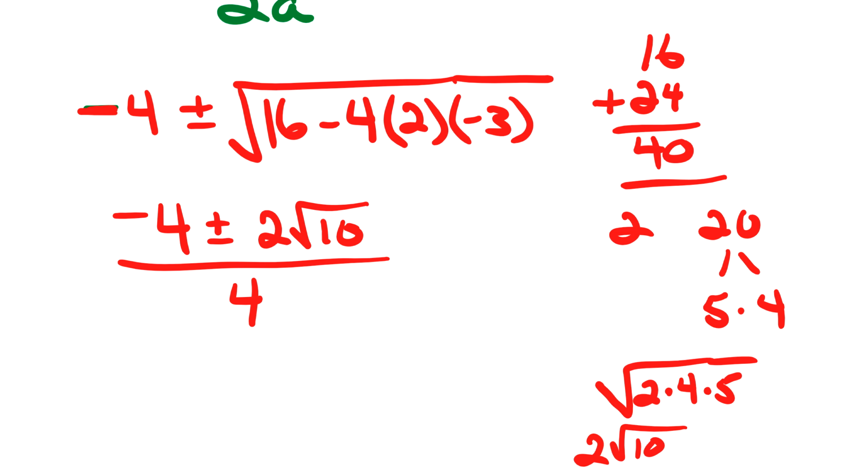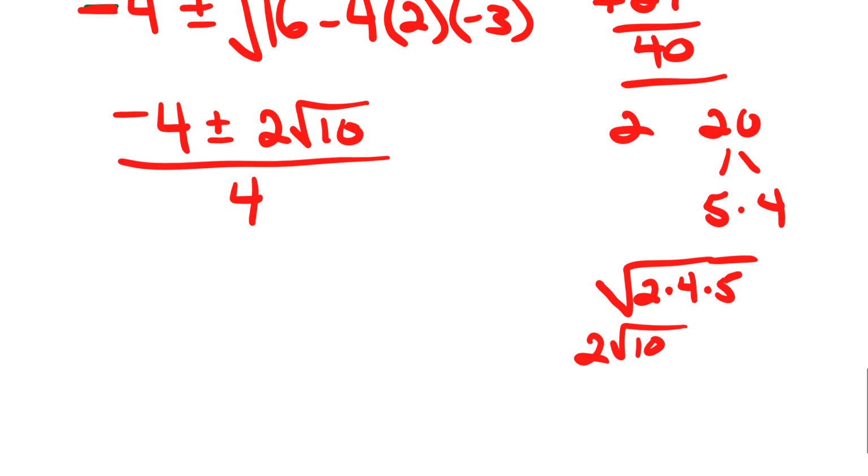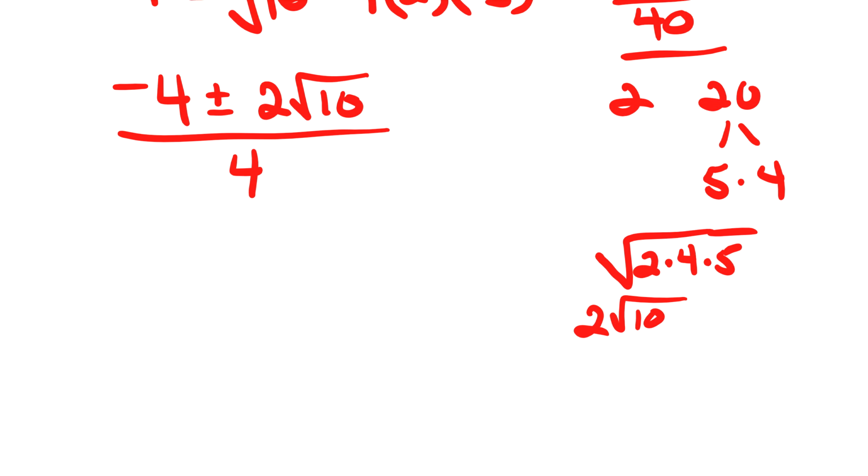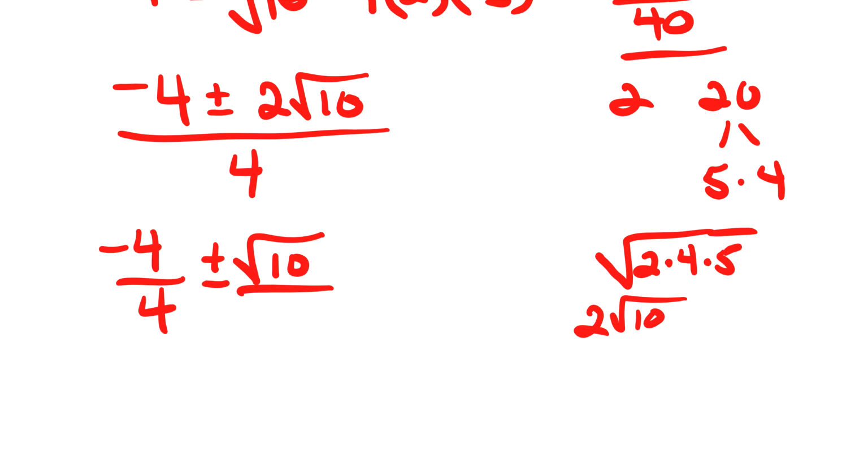There's almost my answer, but I have to simplify this. How can I simplify that? I could factor out a 2 from the top here, or I could rewrite this to be negative 4 over 4 plus or minus square root of 10 over 2.